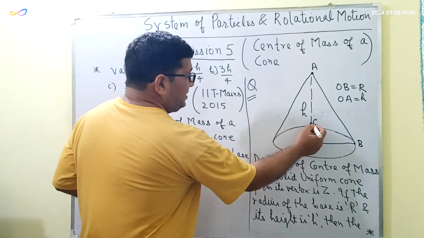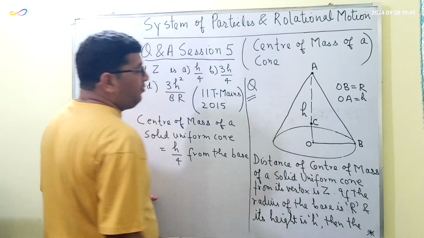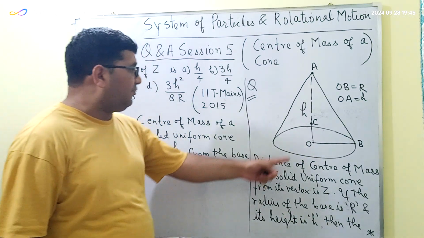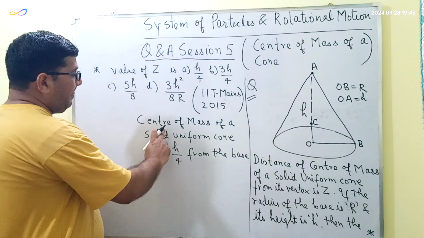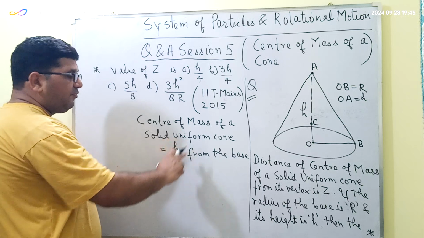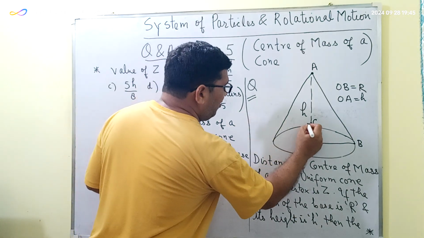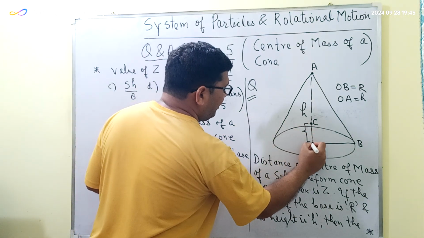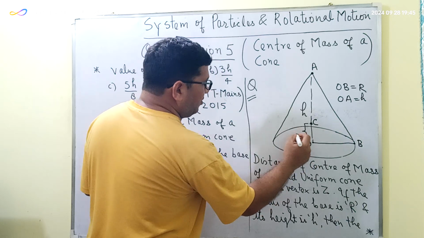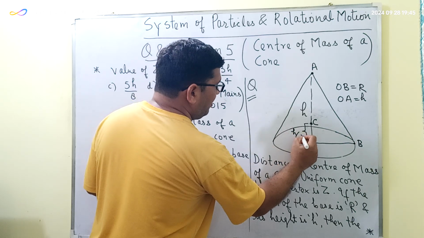So here this point C is the center of mass of this solid uniform cone, and the center of mass of a solid uniform cone is at a distance of h by 4 from the base of the cone. So this is equal to h by 4.